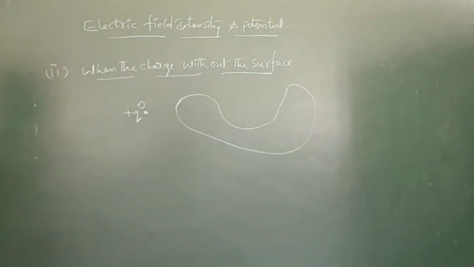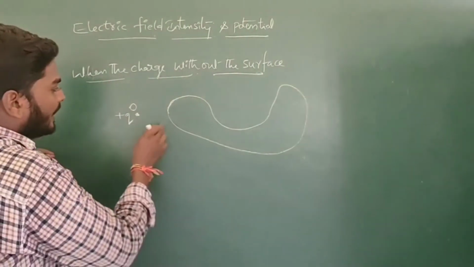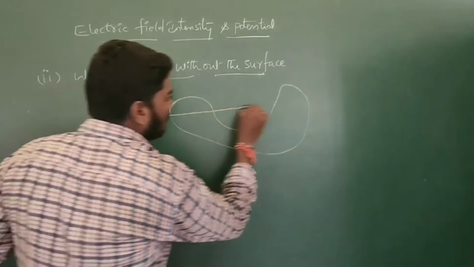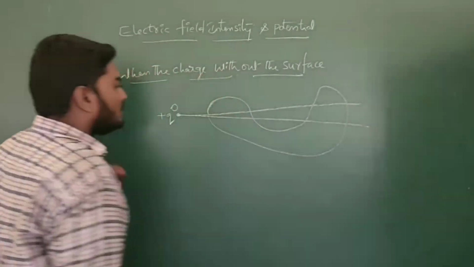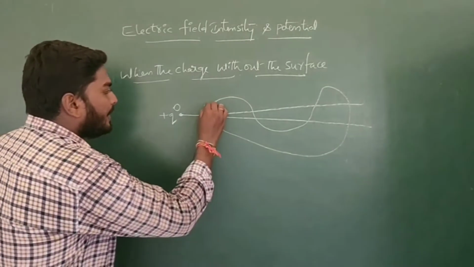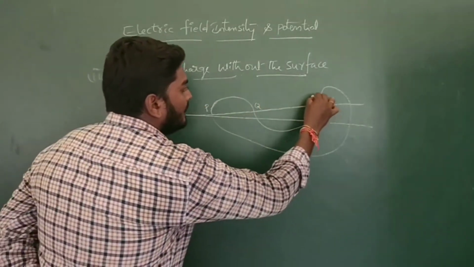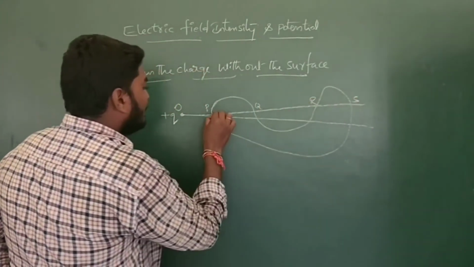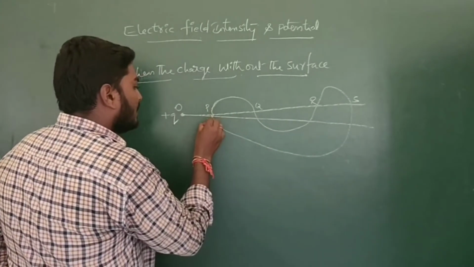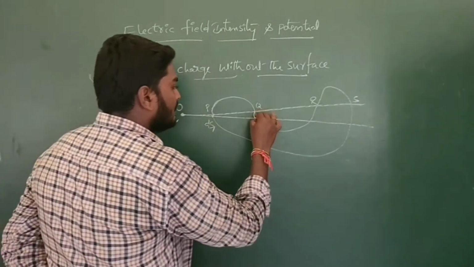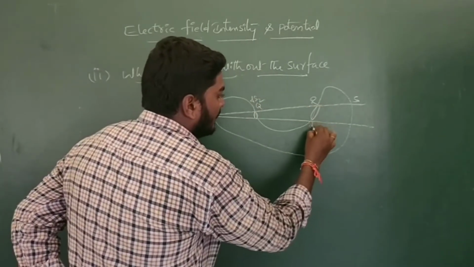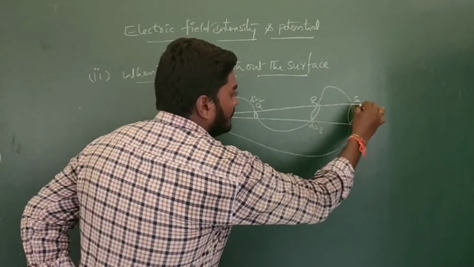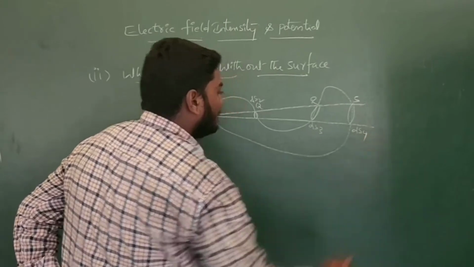Now a cone of solid angle dΩ with separation points P, Q, R, S. Let the areas be dS1, dS2, dS3, and dS4.